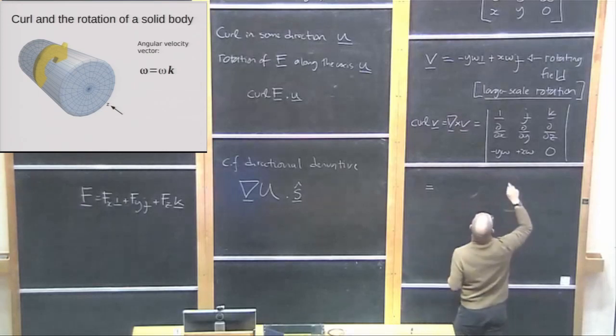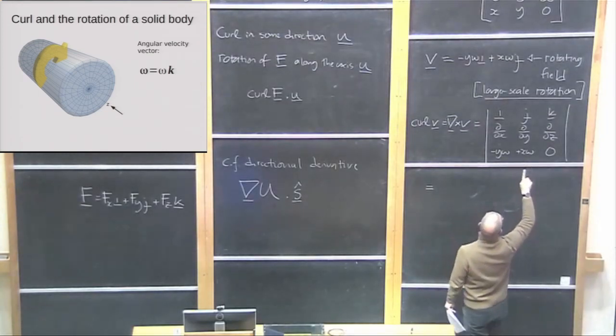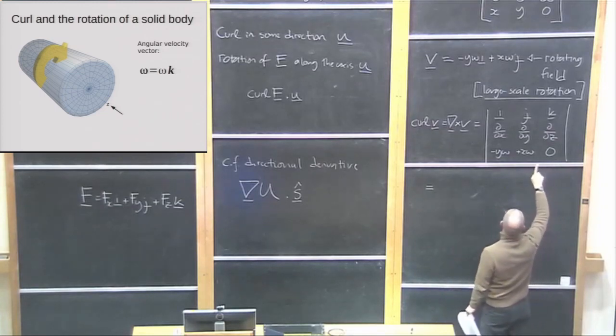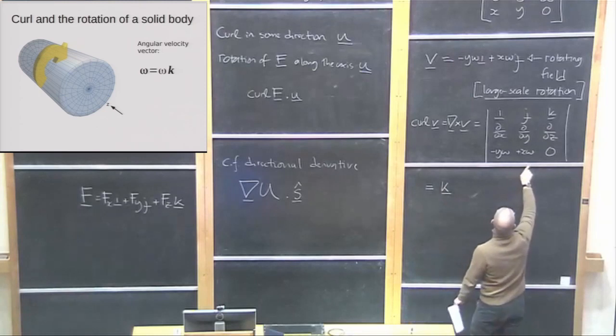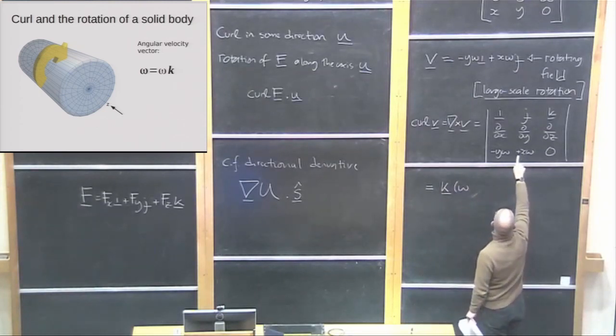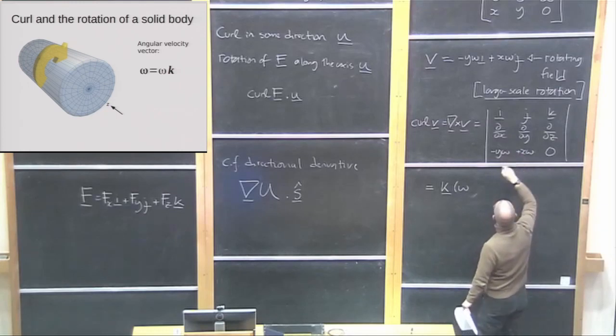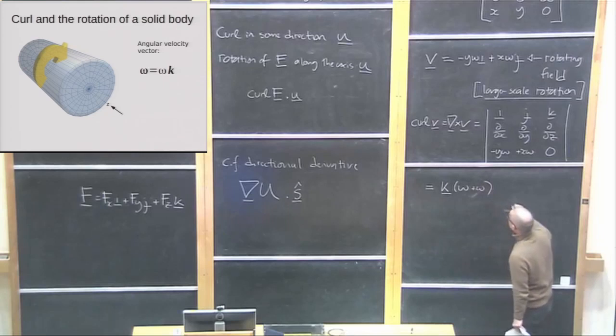So if I take the curl then of this vector field, I see that I get 0 for the i and j components as expected. And for the k component then, I get d by dx of that, so that's omega. And I get minus d by dy of that, which is minus omega, so that's minus minus. So that's 2 omega.